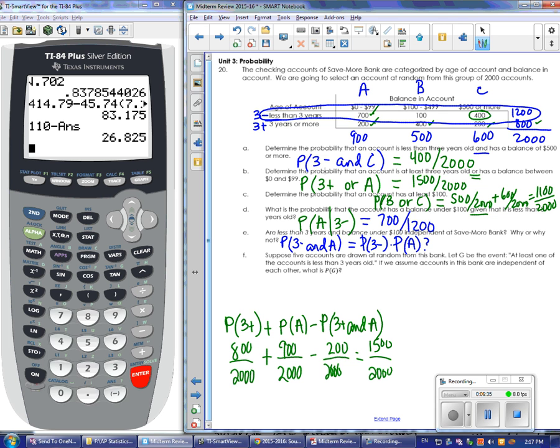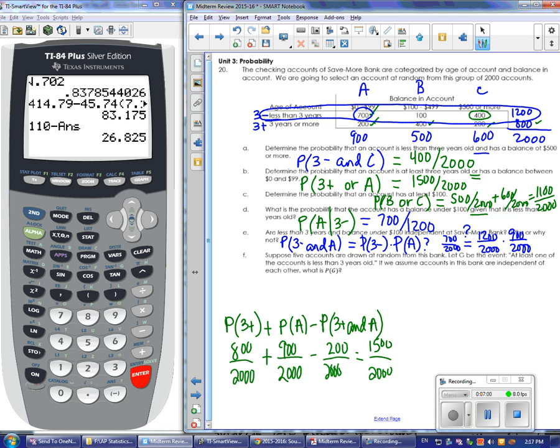Well, the probability of being less than 3 and having less than $100 is going to be 700 out of 2,000. And I'm trying to figure out if that is equal to the probability of being less than 3 years old, which is 1,200 out of 2,000, times the probability of A, which is 900 out of 2,000.